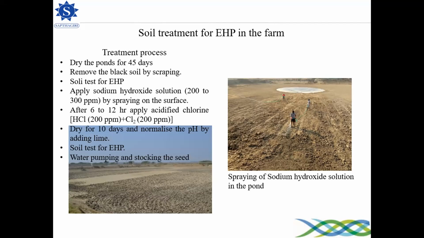At that time, it is negative for EHP, and the pond can be ready for the next stocking. But the problem with sodium hydroxide solution is that it will affect the fertility of the soil. So sodium hydroxide is not a regular treatment solution for EHP.